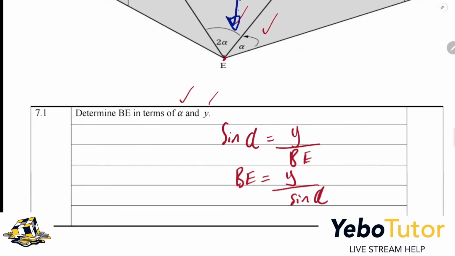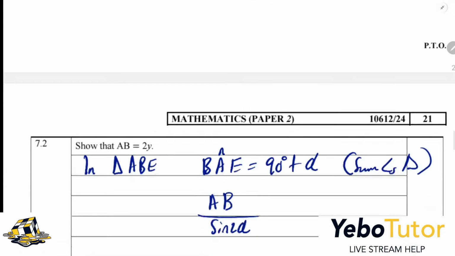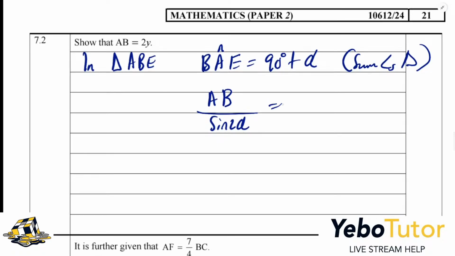Because life is beautiful. Using the sine rule in this instance, this will now be equal to BE over sine of 90 degrees plus alpha.